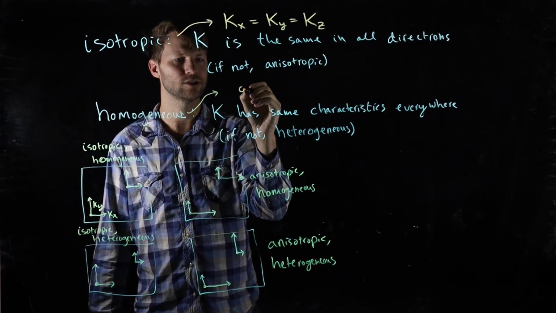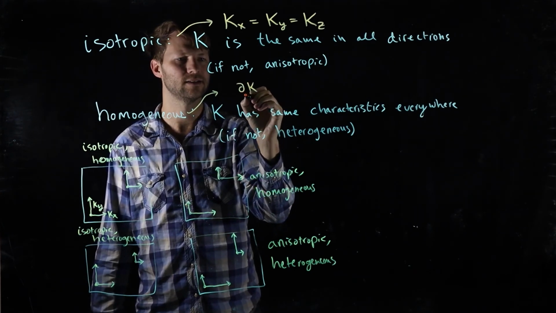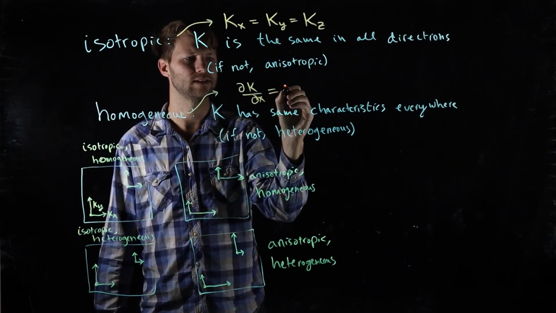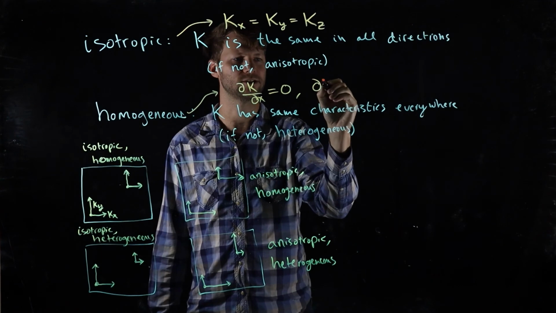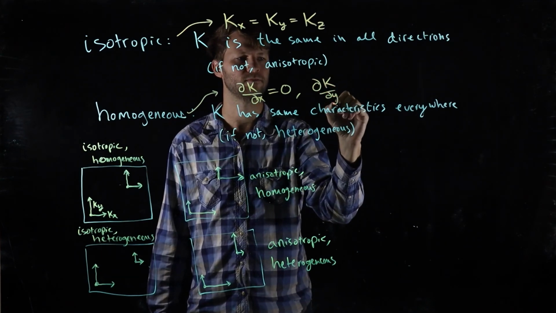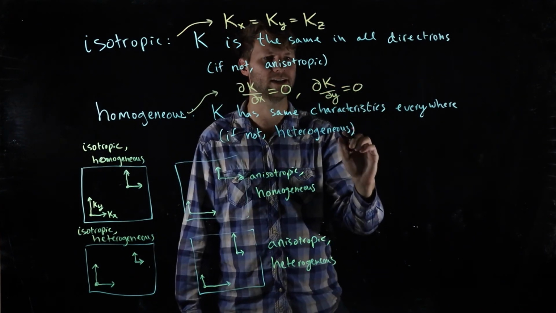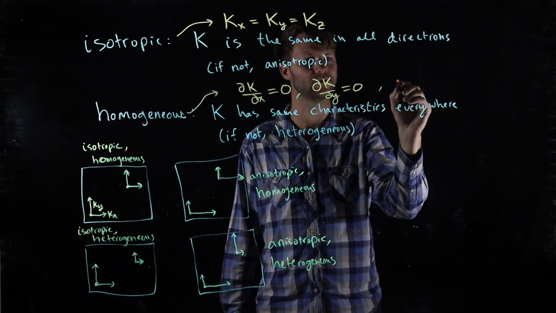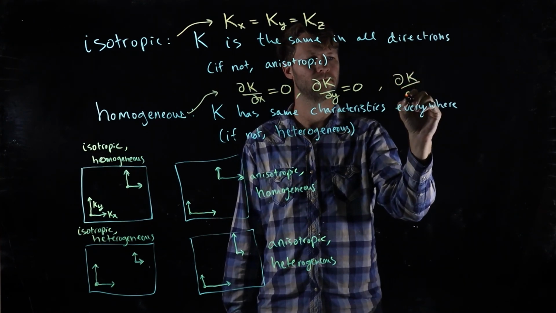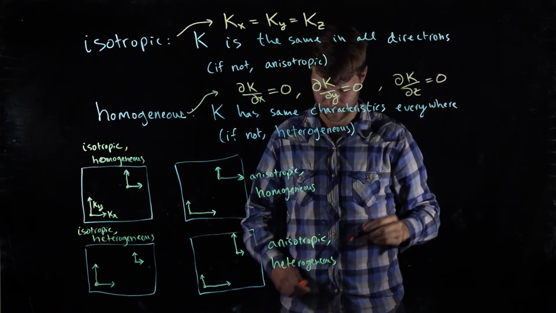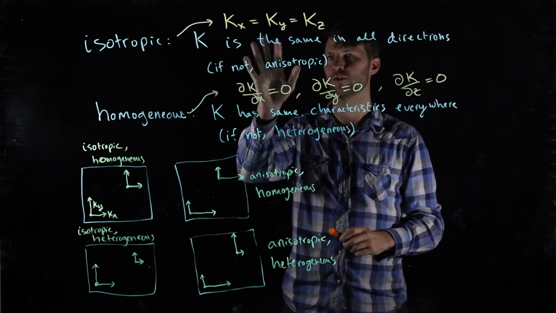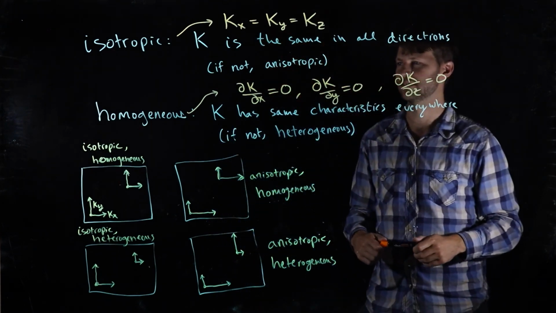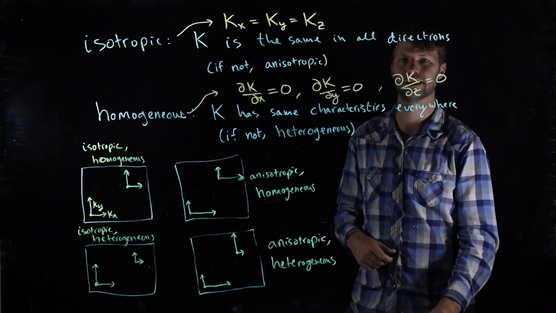So if we look at the partial derivative, del K del x, it's 0. And the same in these other directions too. There's no gradient in the magnitude of K as we move in space in a homogeneous aquifer. And so that's one of the ways that we can formalize mathematically these different properties of how hydraulic conductivity varies or not in space in an aquifer.